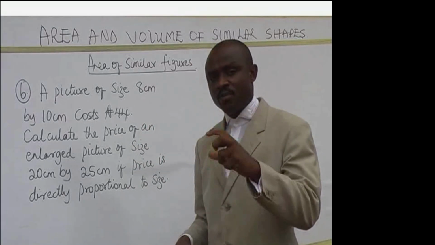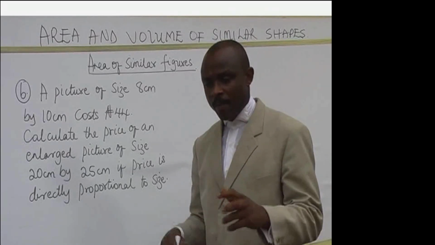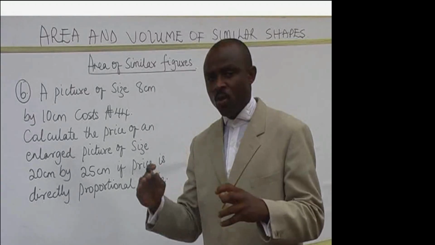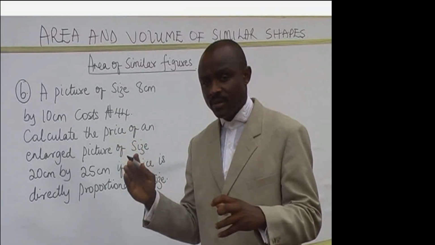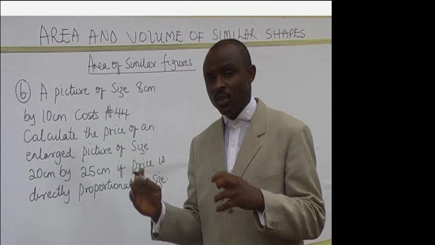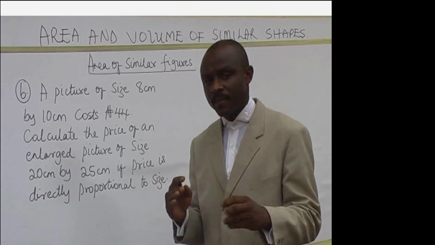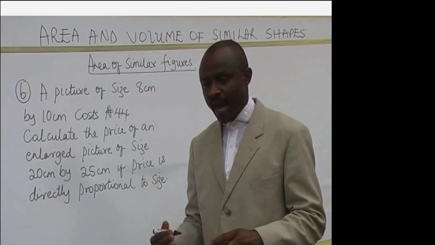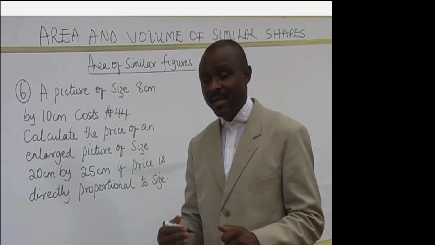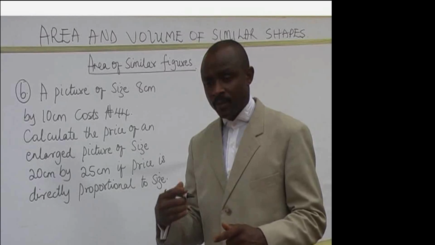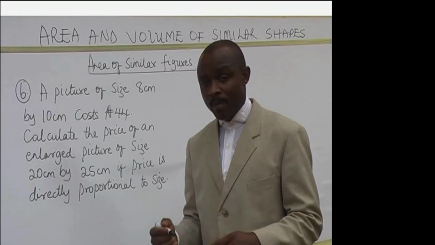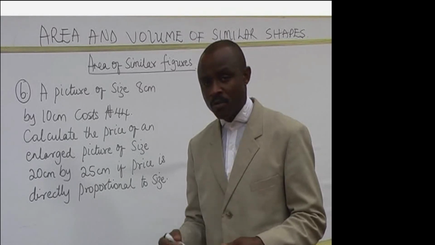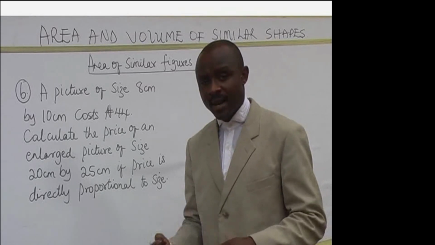Something is directly proportional to another thing if, as the first thing increases, the second one also increases. That is when you say that the two things are directly proportional. For instance, if you want to go to the market and you want to buy rice in cups, if one cup is 3 naira, that means 2 cups is 6 naira. 3 cups will be 9 naira. 4 cups will be 12 naira. 5 cups will be 15 naira.